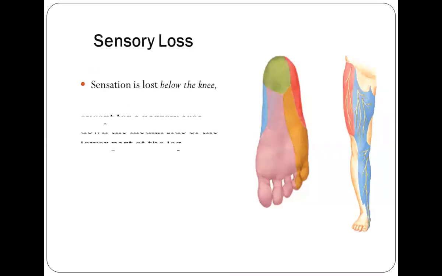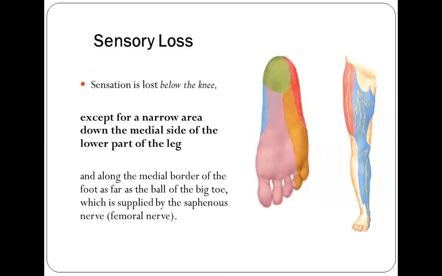Whereas the sensory loss, you already know, the sciatic nerve supplies the full lower limb below the knee, except the area supplied by the saphenous nerve, that is the medial aspect of the leg, and up to the ball of the big toe in the foot.